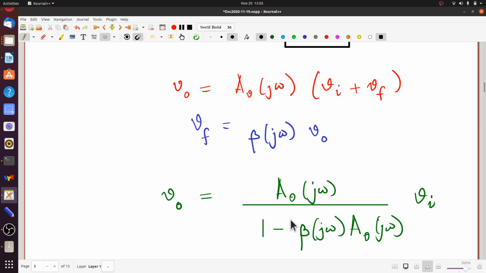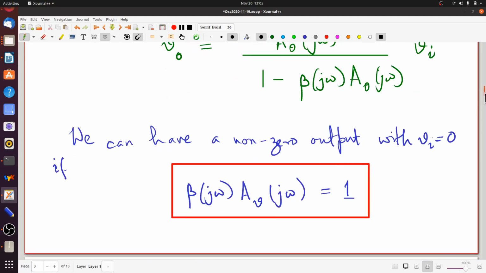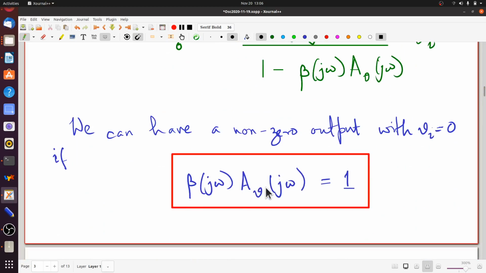Now, what we are interested in is the situation where you can have a non-zero output Vo, even with a zero input Vi. And it's easy to see that that is possible in this scenario only if this factor in the denominator here actually vanishes. And so for self-sustained oscillations, you need to have this criterion: beta times AV is 1.